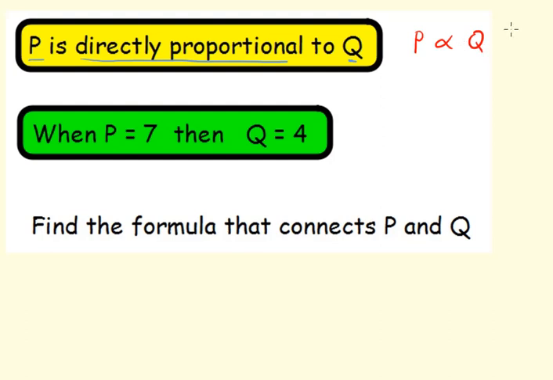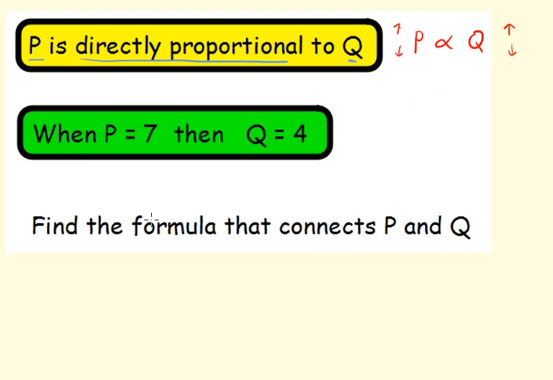That means whatever the variable Q measures, if Q goes up, then P goes up, and if Q goes down, then P goes down. So these two variables are connected in this direct way.